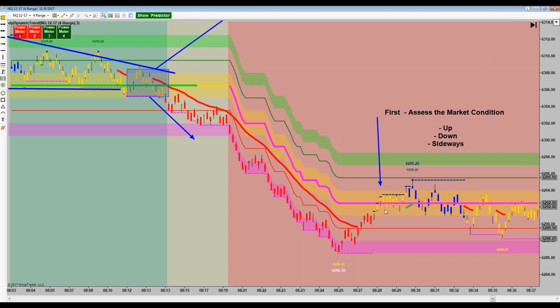I just advanced the chart 9 minutes. Current market condition: up, down, or sideways? Two seconds. Everybody in here should be instantly looking at this and knowing what you're looking at. If you aren't, we need to practice this some more. It's down to sideways, right?